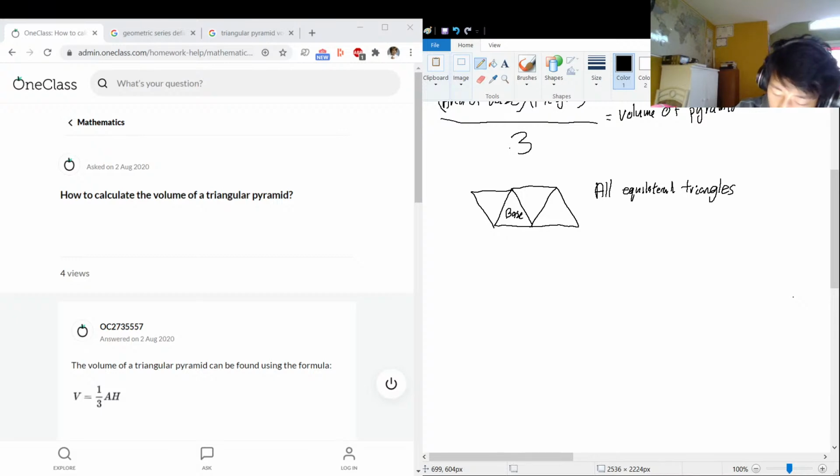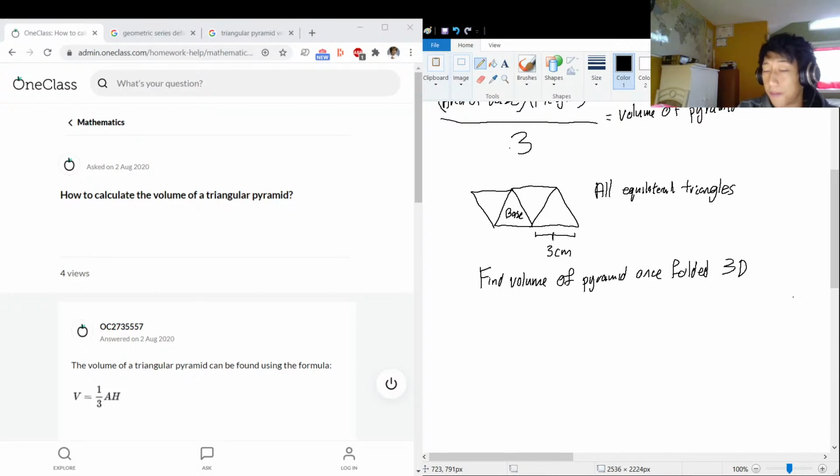Yeah, this definitely works. And let's say the equilateral triangle has a side length of 3 centimeters. So find the volume of the pyramid once folded 3D.